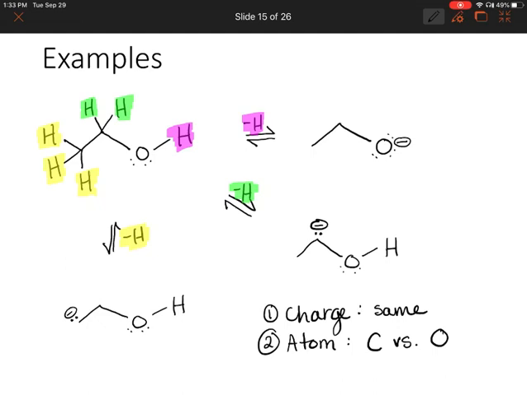And which one is more electronegative or more able to handle a negative charge, carbon or oxygen? Oxygen. So oxygen is more able to hold on to a negative charge because it is more electronegative. All right, so that tells us that our first conjugate base is the most stable.